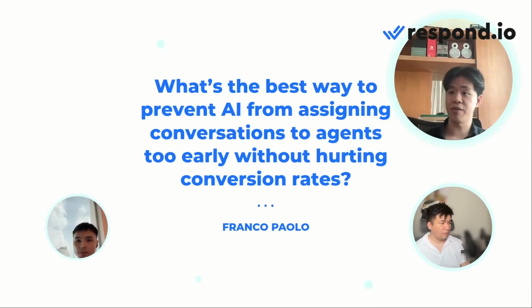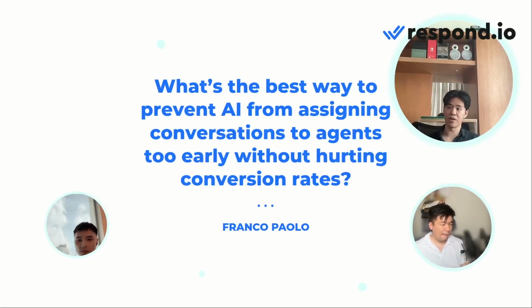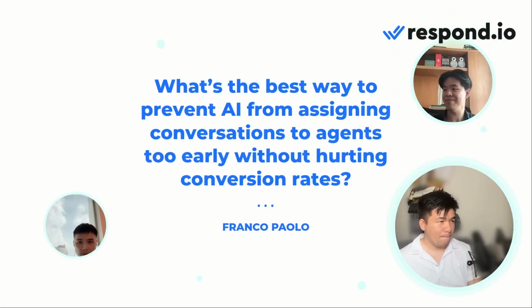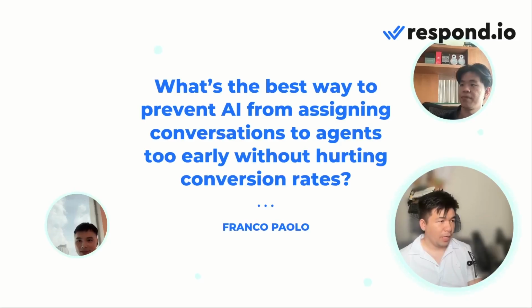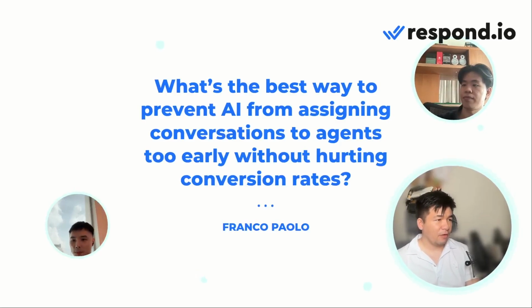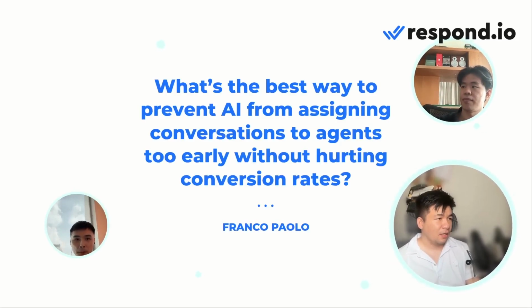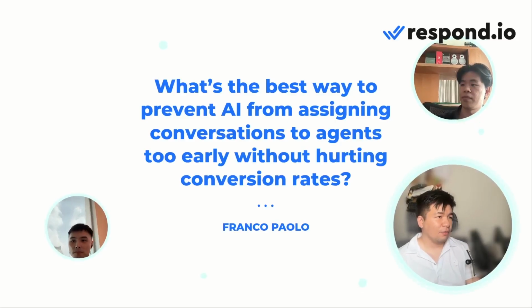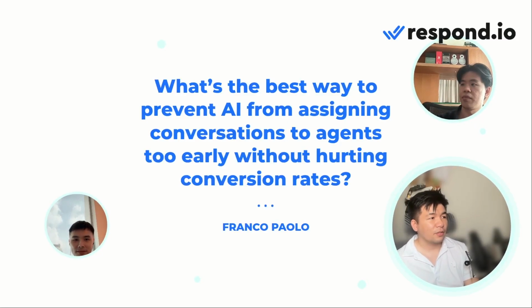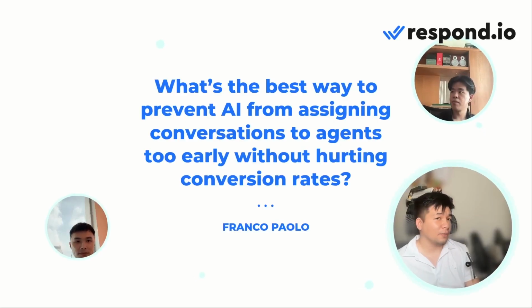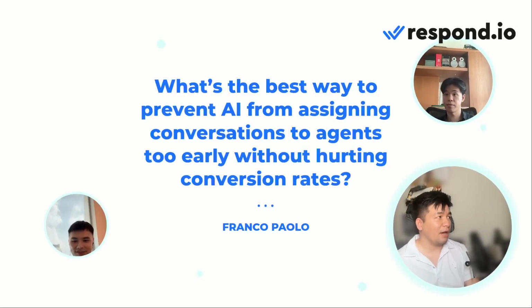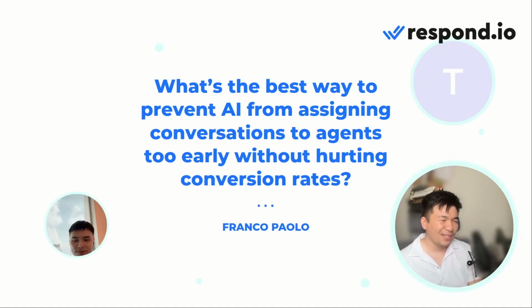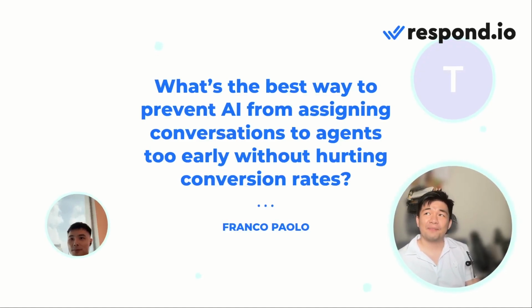What's the best way to prevent AI from assigning conversations to agents too early without hurting conversion rates? I think the only way to prevent this is to prompt it, right? On Respond.io, especially our help center, we have quite a few resources when it comes to prompting the AI agent the right way.